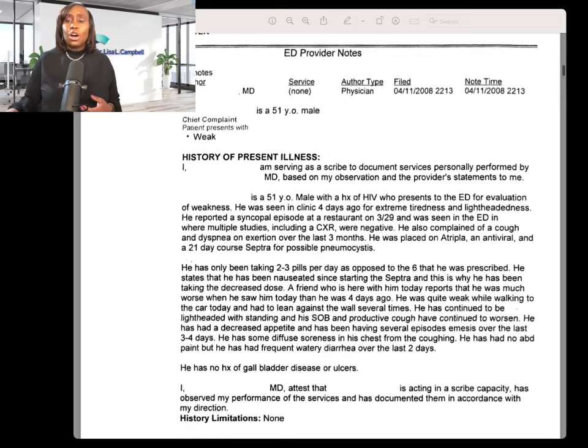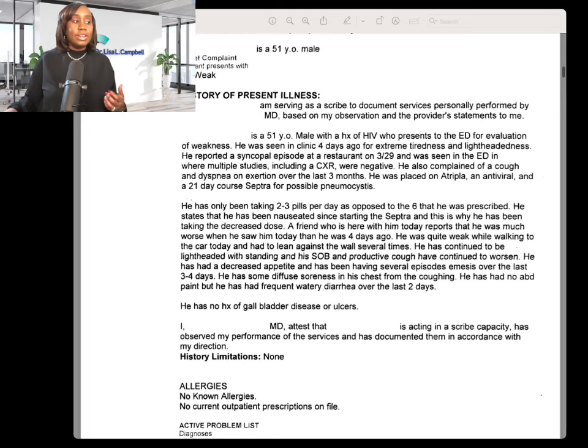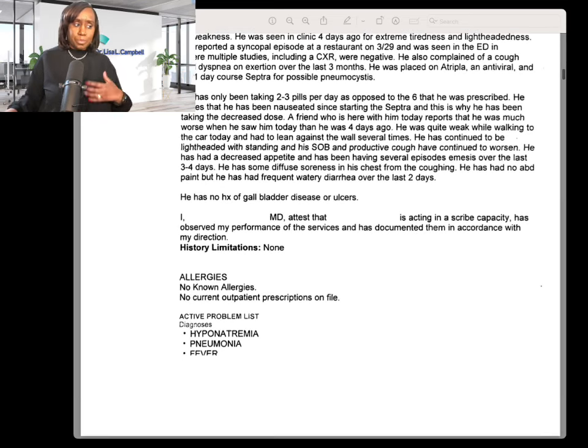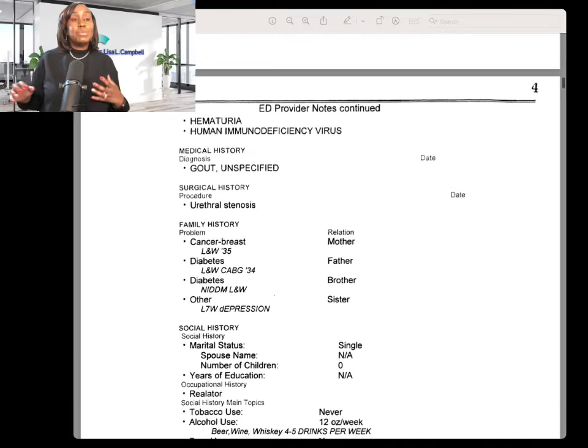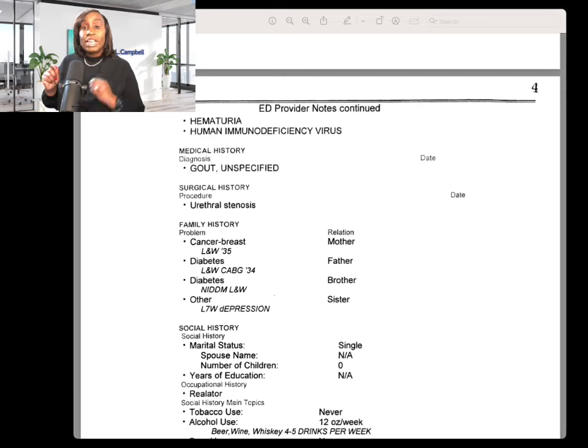So they talk about what happened in the ED, and then this is when they make a decision: oh, this patient's illness is so severe, it requires a higher level of care, right? This is the patient that cannot safely be treated at home, so they have to be admitted.